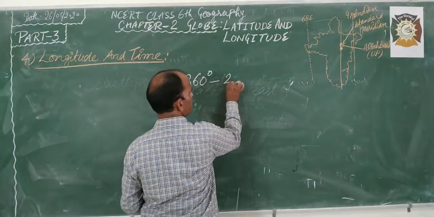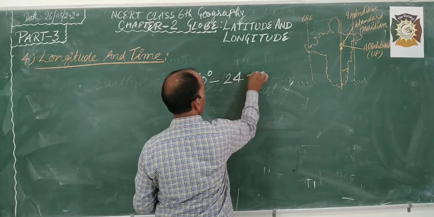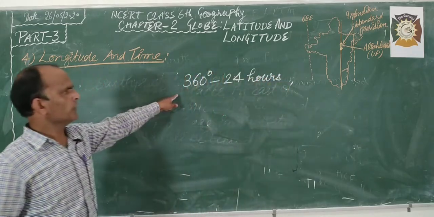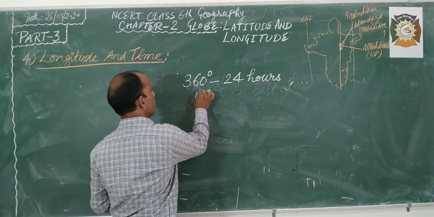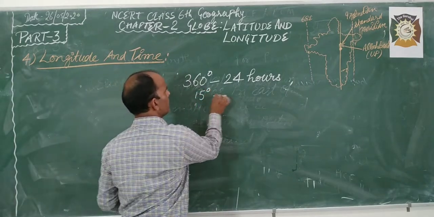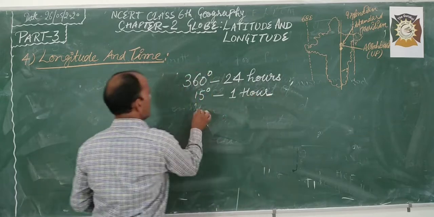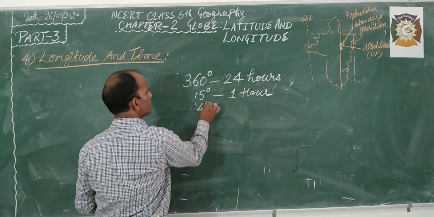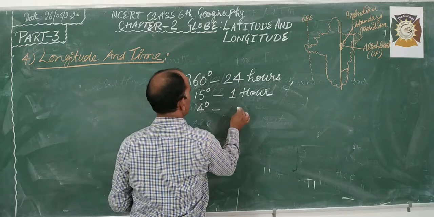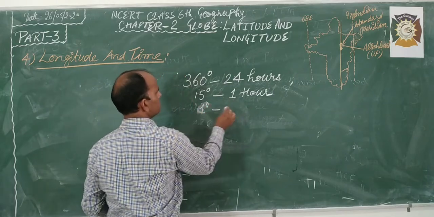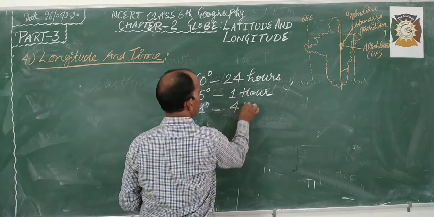360 degrees को complete करने में वो कितना time लेती है? 24 hours. It means 15 degrees is covered in 1 hour, and 1 degree is covered in 4 minutes.